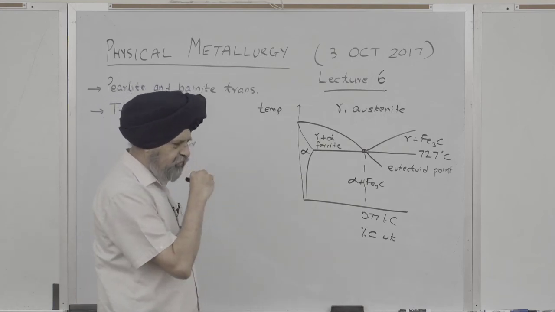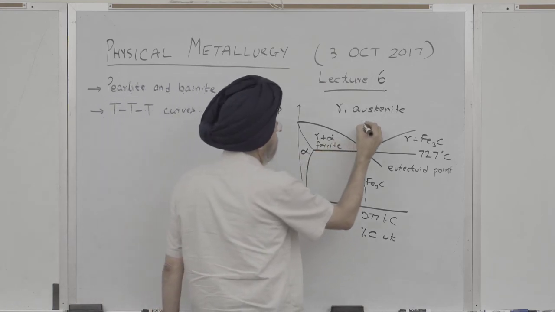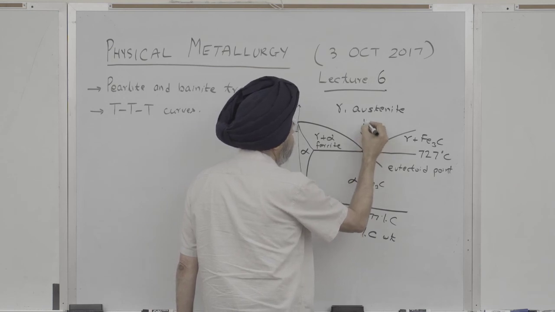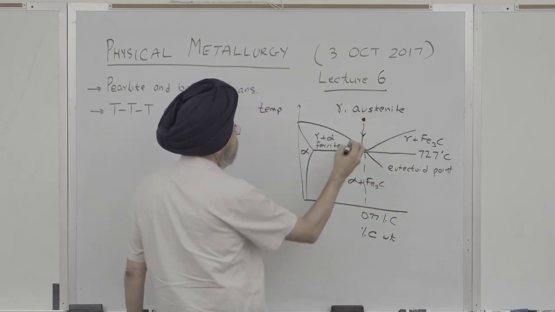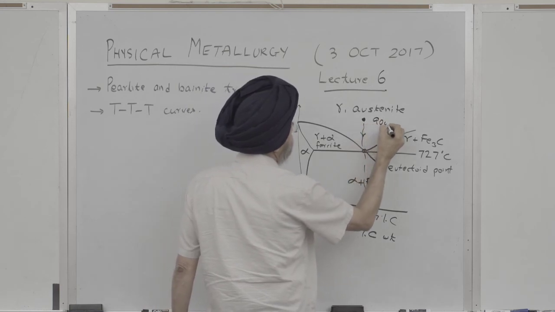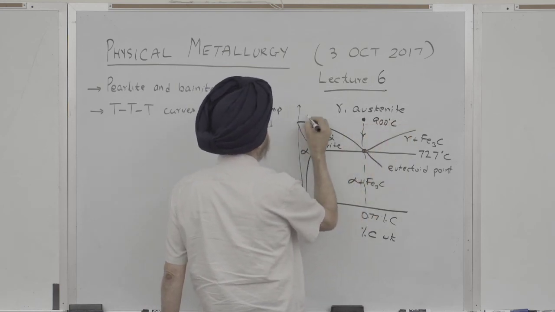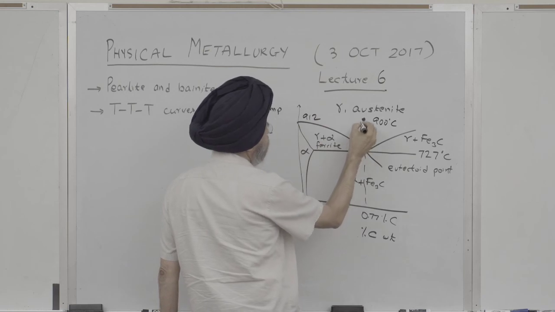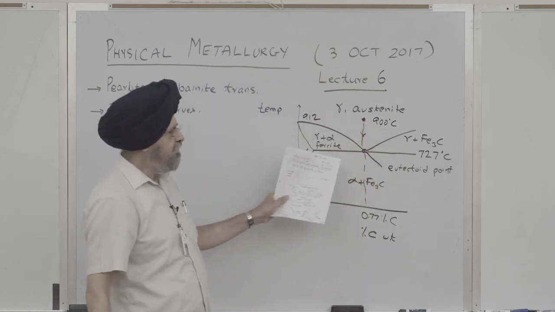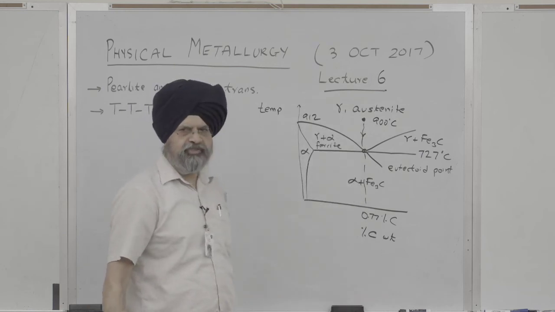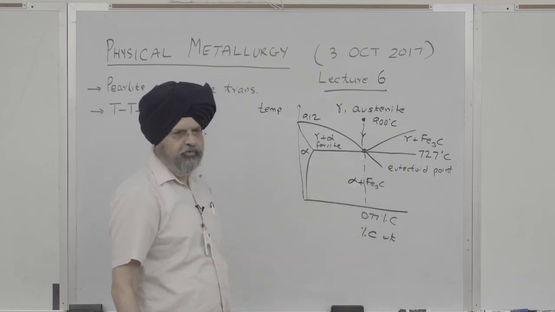So today what we'll do is we'll take this eutectoid composition and we'll heat the steel to say that temperature, which is about 900 degrees centigrade. And then from this temperature, we'll cool the steel and understand how the structure changes as we cool the steel.